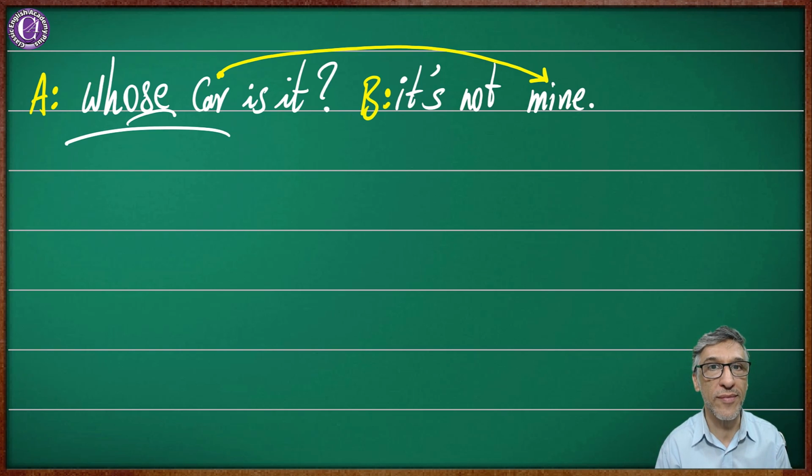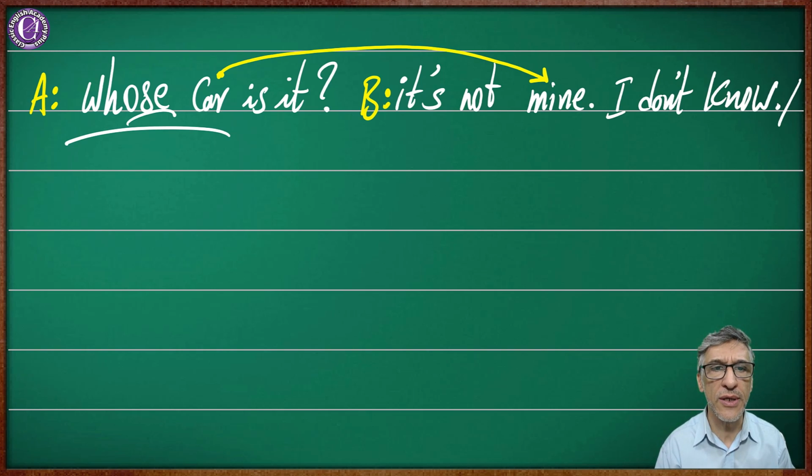I don't know. You can continue this. Yeah, why not? Try to make long sentences, as long as possible. Well, it is going to help your mind to produce better English. Whose car is it? It's not mine. I don't know. Finish. Okay.